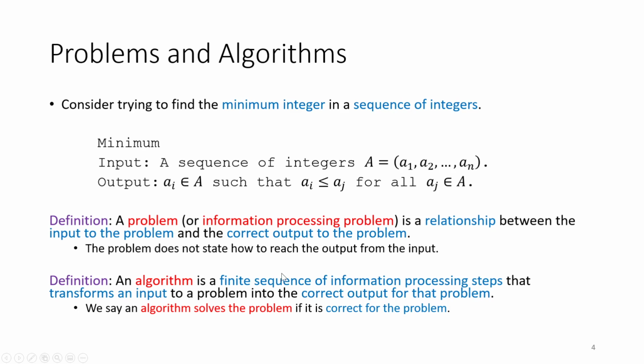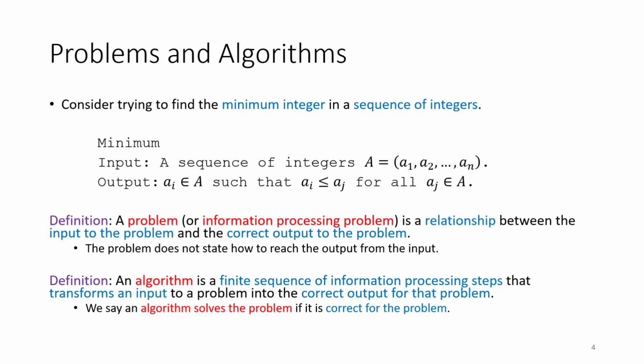Okay, so an algorithm is a finite sequence of steps, and then what does it do for us? It transforms the input into the correct output. Okay, so the algorithm is a transformative thing. We sometimes call this information processing. It processes the information, but I also like to think of it as transforming it.